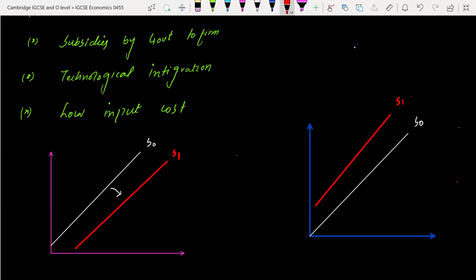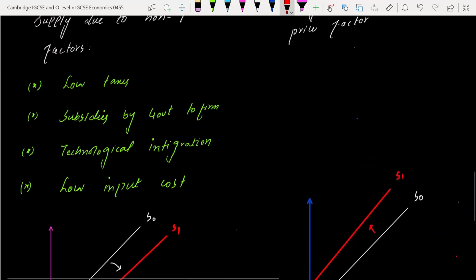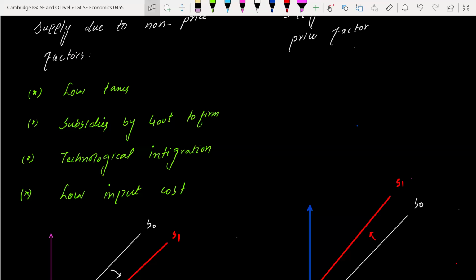This supply curve will show that there is a decrease in supply. What's the reason behind that? Why will the supply reduce? You can check the opposite of these points. If there are high taxes, the firms will not produce goods and services. When they do not produce goods and services, there will be no supply, meaning supply will go down.